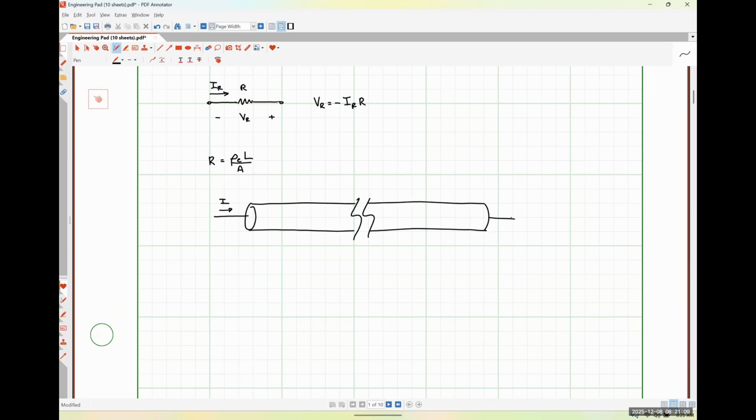So let's say that the material that this wire is made of is copper. I'm going to take my phone out really quickly because I can't ever remember exactly what the resistivity of copper is. I feel like it's something like 6.8 times 10 to the minus 6, but I could be completely wrong.